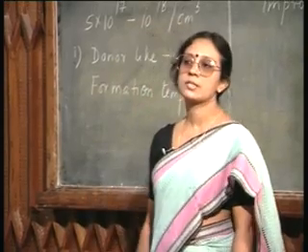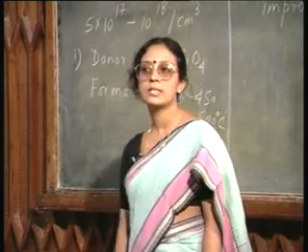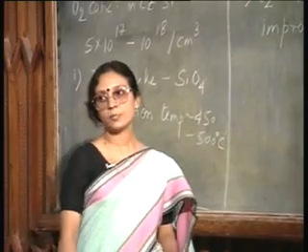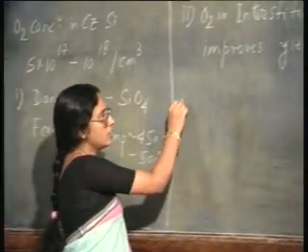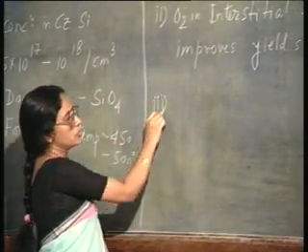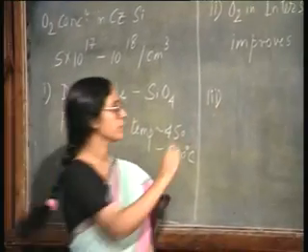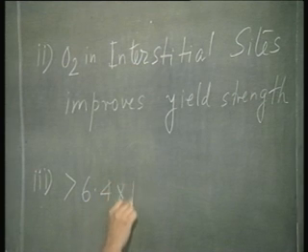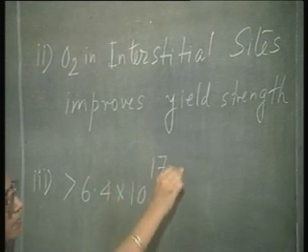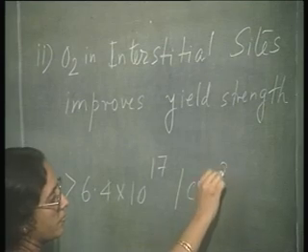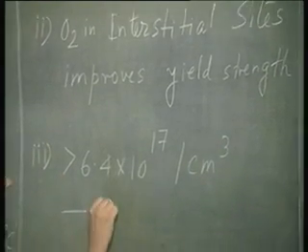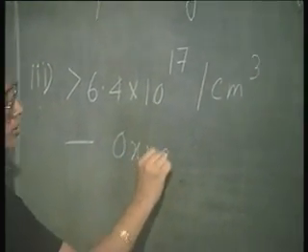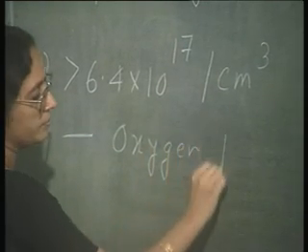If the oxygen concentration in silicon is greater than 6.4 into 10 power 17, then we come to the third problem. And that is the problem of oxygen precipitate.